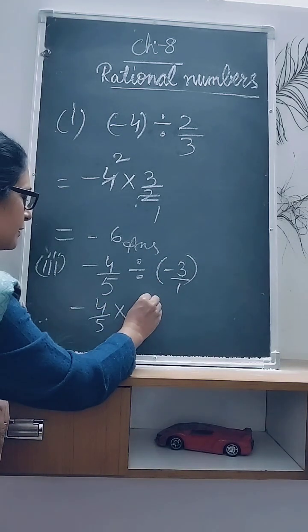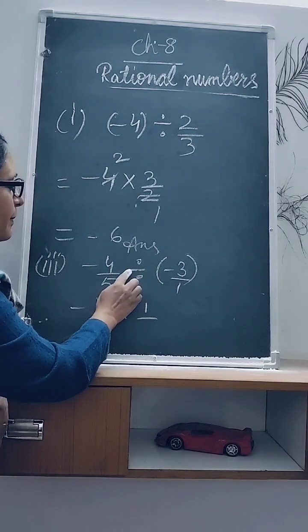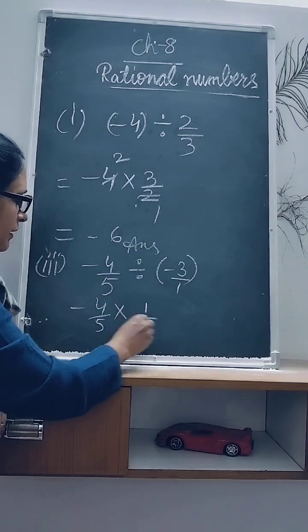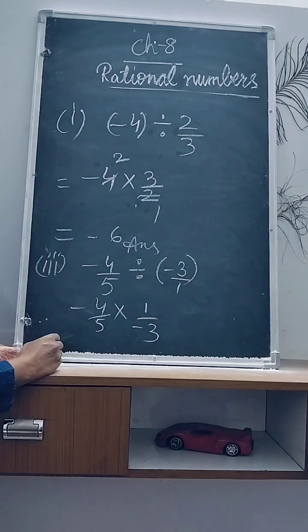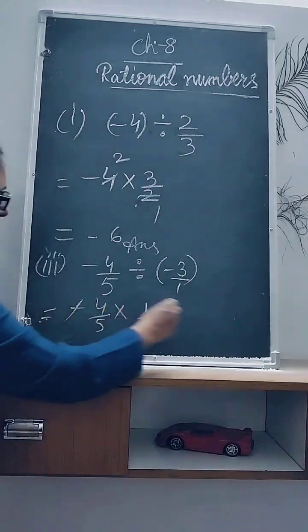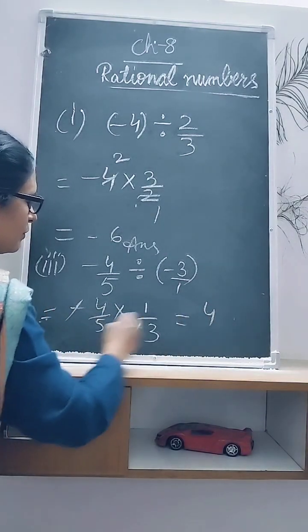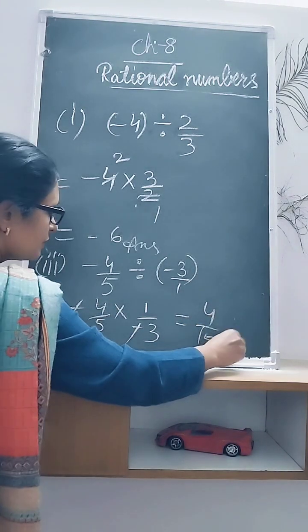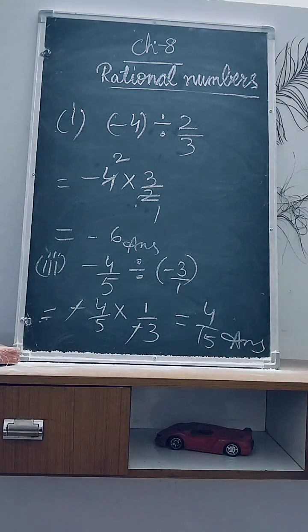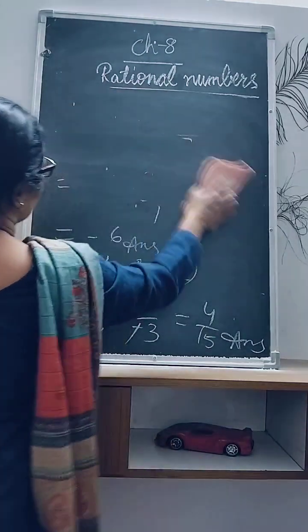Now 1 will go, because division is changed into multiplication and it will reciprocate. Okay? Now what we got, minus could be cancelled with minus. 4 into 1 is 4, 5 into 3 is 15. So this is how you got the answer. Okay students, so this way you can solve. Last part of this sum I will solve for you.